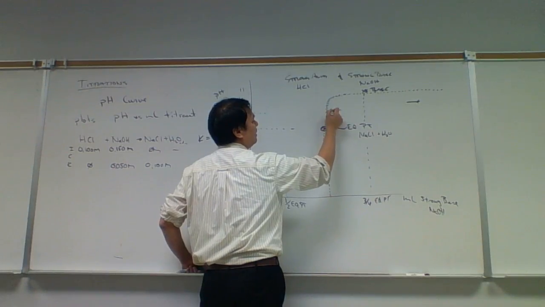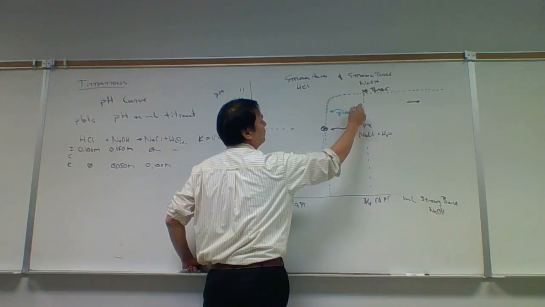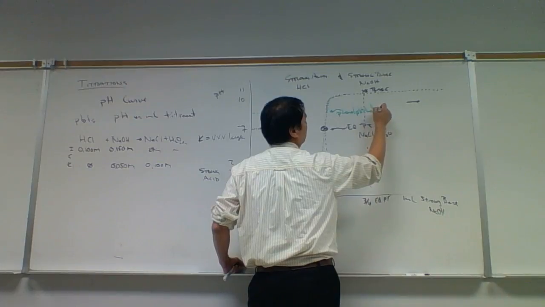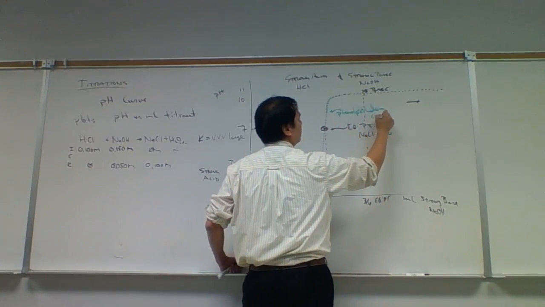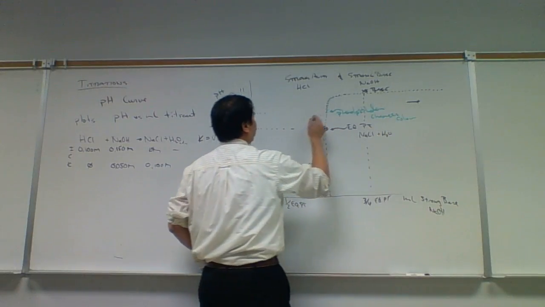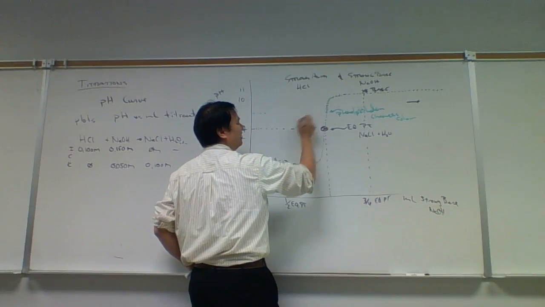But phenolphthalein changes color here, at around pH 9.